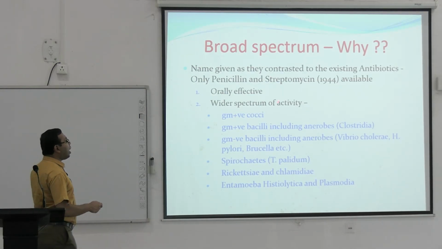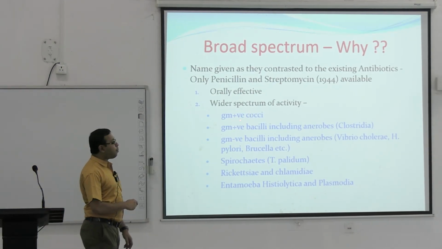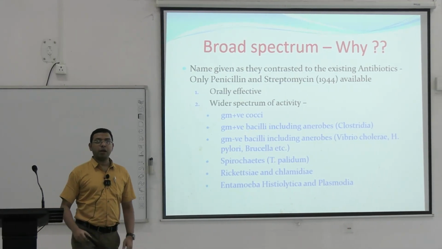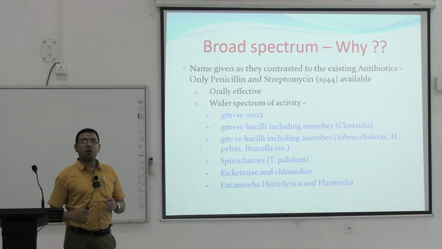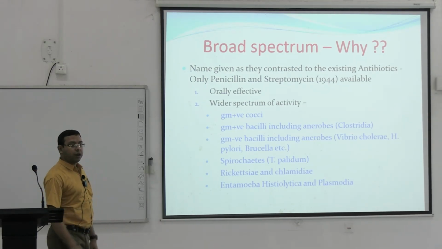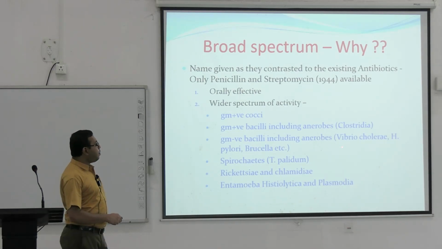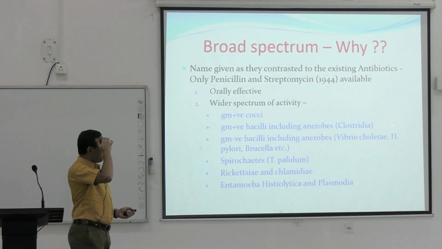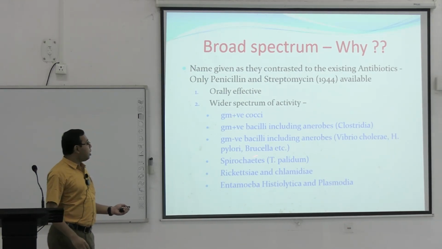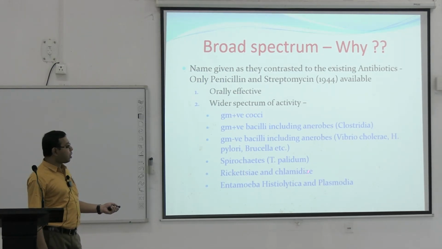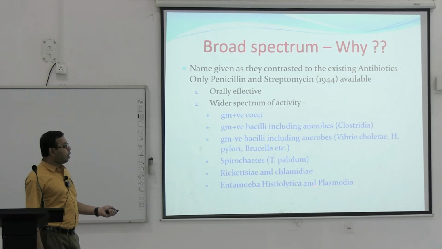They have wide spectrum activity like on gram-positive cocci, gram-positive bacilli, including both aerobes and anaerobes. Anaerobic organism example is the Clostridia. Gram-negative bacilli, including anaerobes, like Vibrio cholerae, Haemophilus, Helicobacter pylori, Brucella, spirochetes like Treponema pallidum, Rickettsia and Chlamydia, Entamoeba histolytica and Plasmodia.